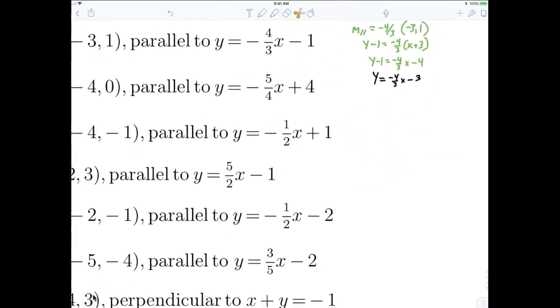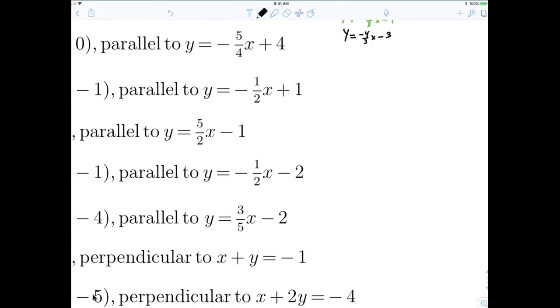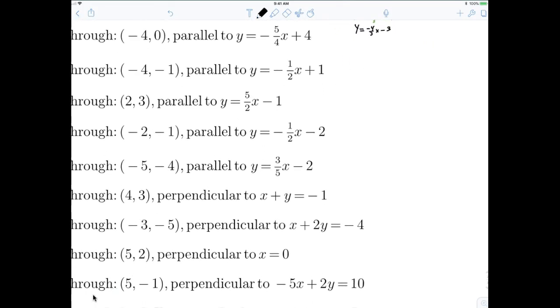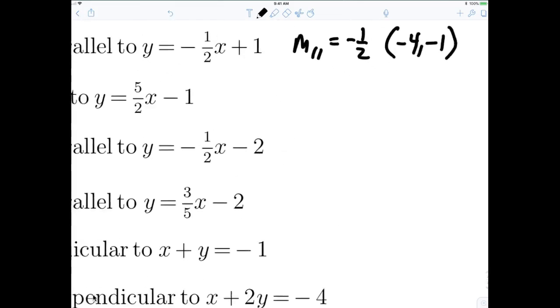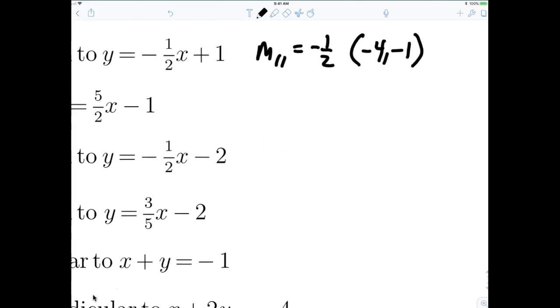All right. So now for 37, the slope of the parallel would be what? -1/2. And it passes through -4, -1. All right, Zoe, go. Okay, so it would be y plus 1 equals -1/2 times x plus 4.